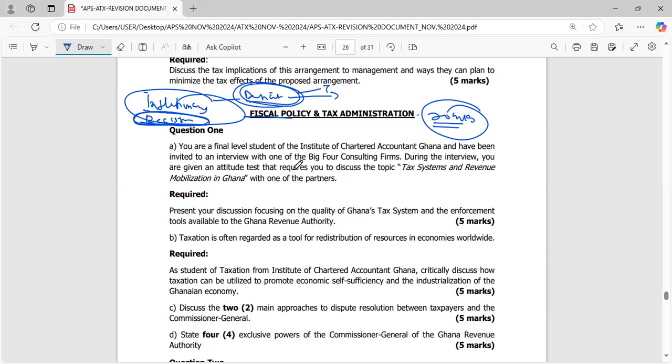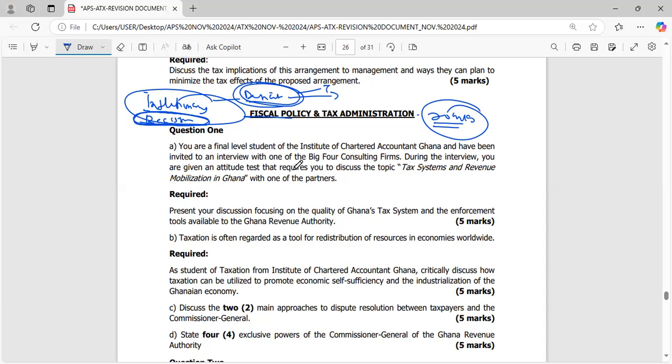So you reduce your expenditure and increase revenue. Expansionary, you increase what? You increase expenditure and reduce tax.